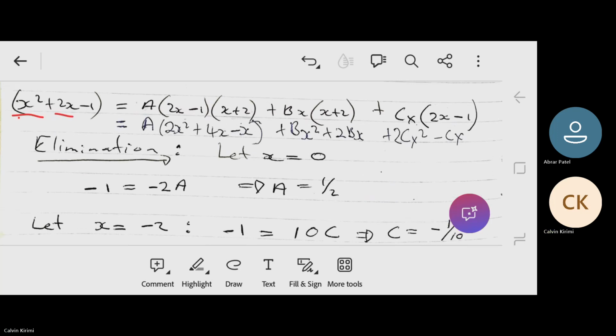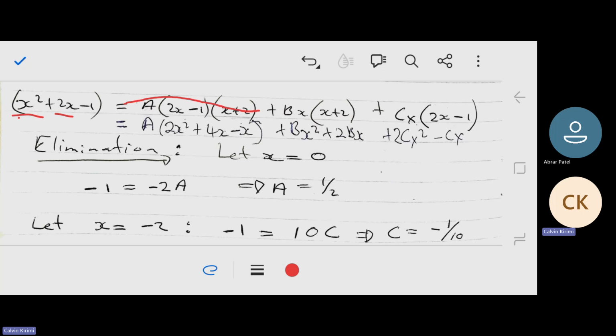Okay. So we have said our c, when we let x equal 2, which means letting x equal 2 makes this vanish. X equals 2 vanishes. This vanishes. Okay. So now you are left with cx squared.